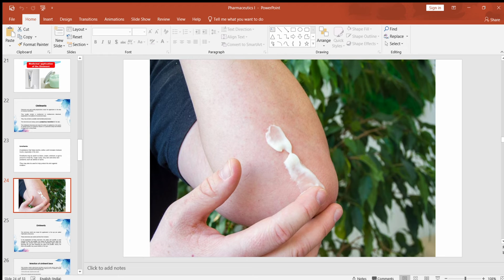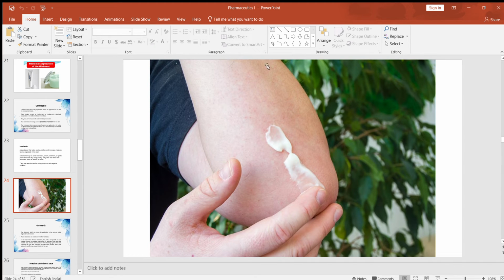But in winter, what happens? This evaporation of moisture leads to drying out and irritation of the skin. So what can we do? We can apply a formulation with an emollient effect.